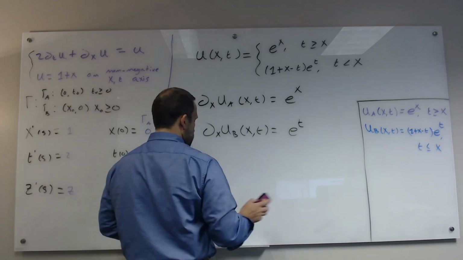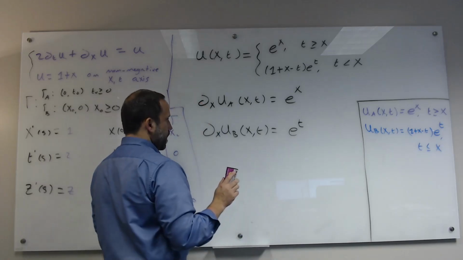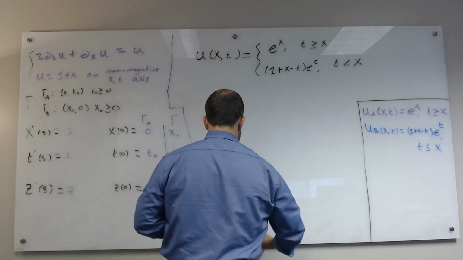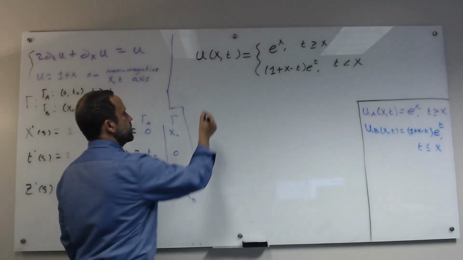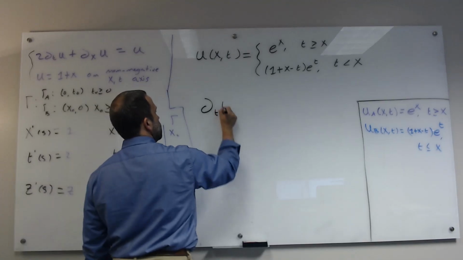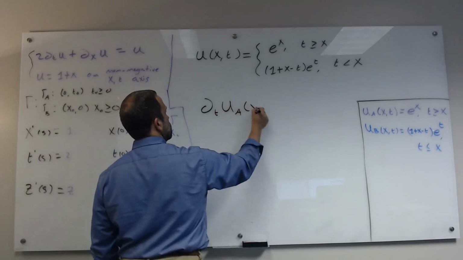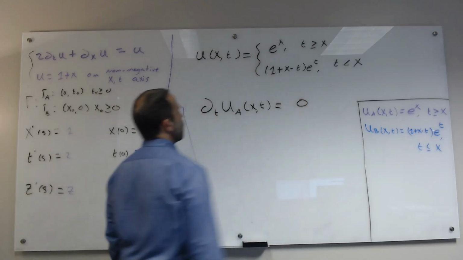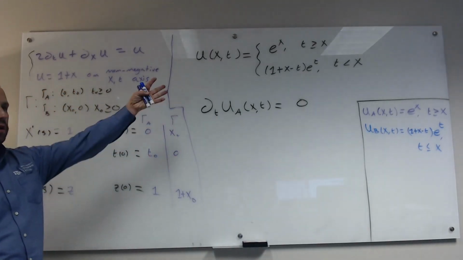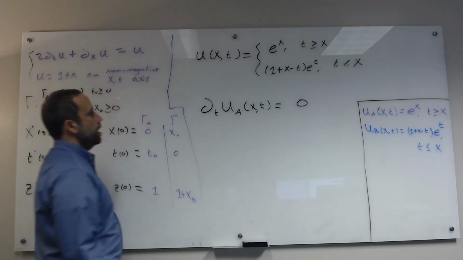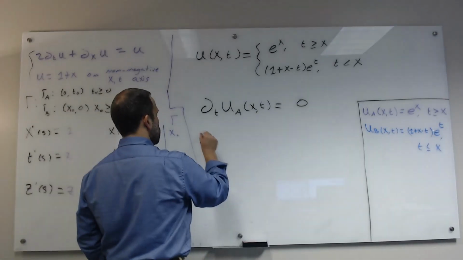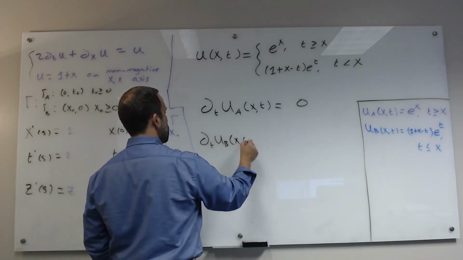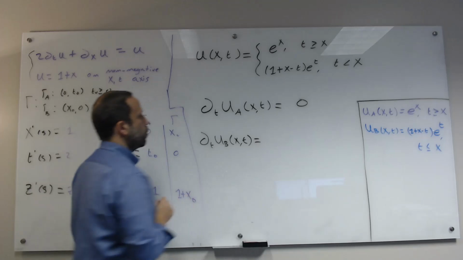Okay, so now let's think about the t derivatives. If you look at the t derivative of u_a of (x,t), well, that's just equal to 0 because it doesn't depend on t. And then the t derivative of u_b of (x,t), well, what are we going to get?